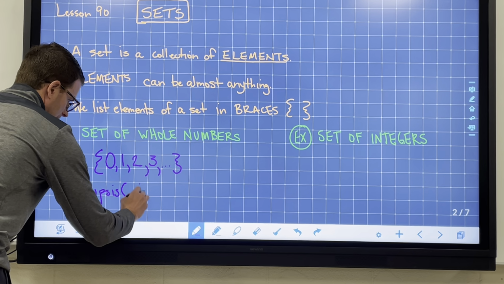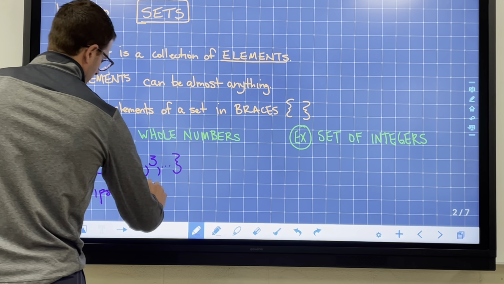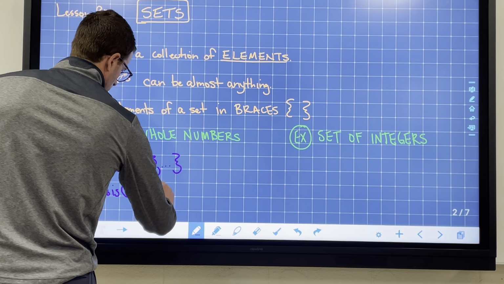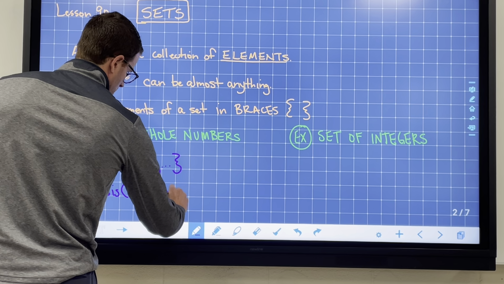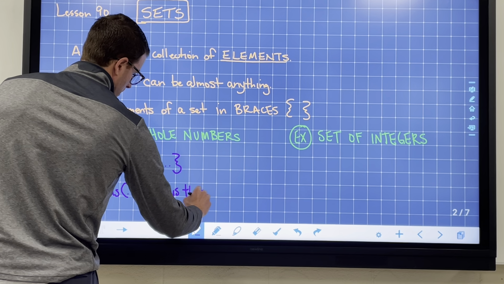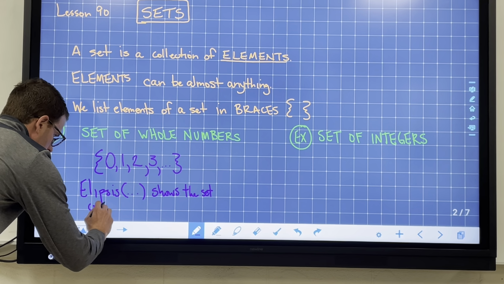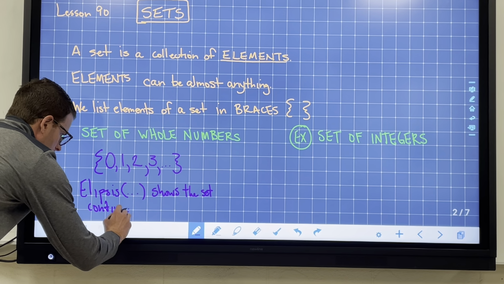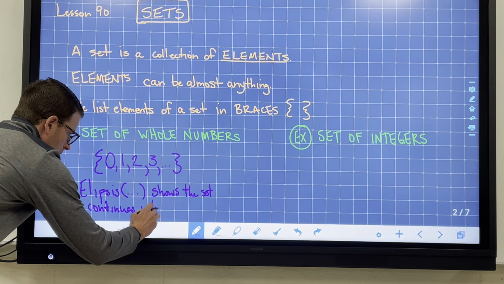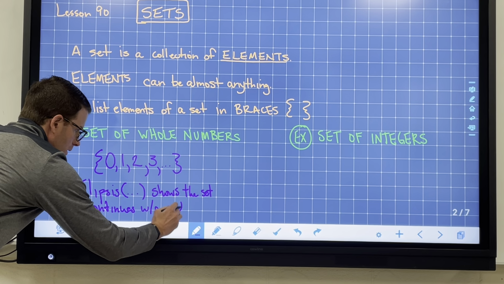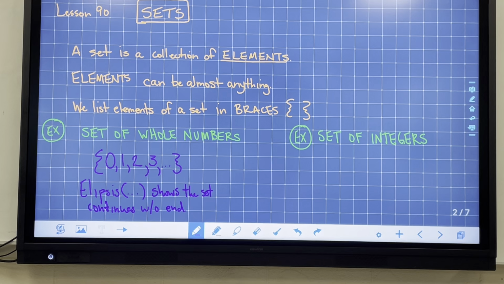The 3 dots show the set continues without end. Whenever I have a set that doesn't have an end, I need to use the ellipsis. Otherwise, I'm going to be in trouble when I try to write that set.